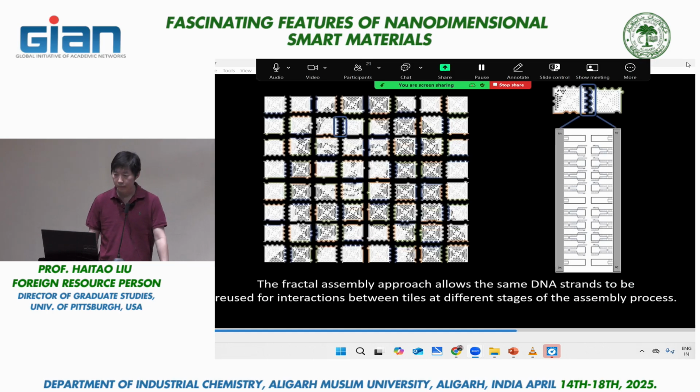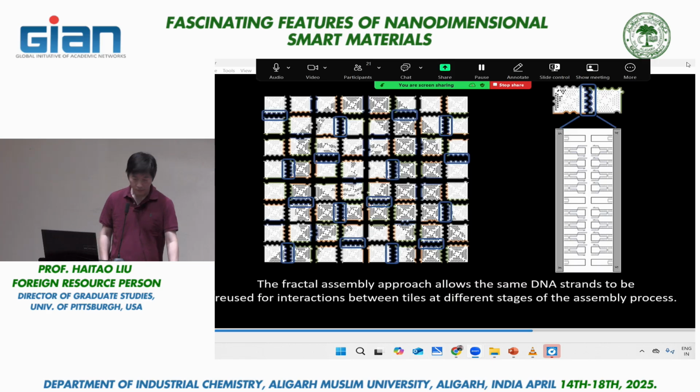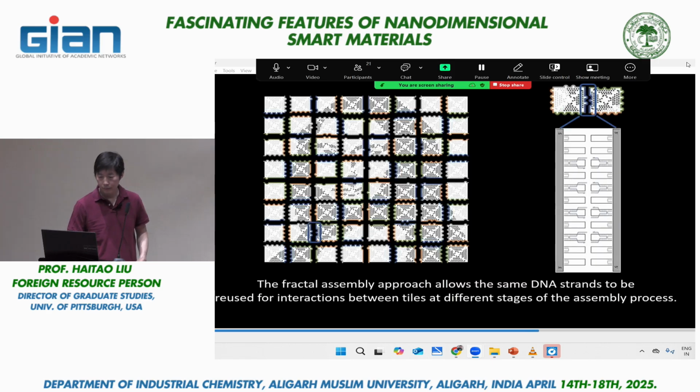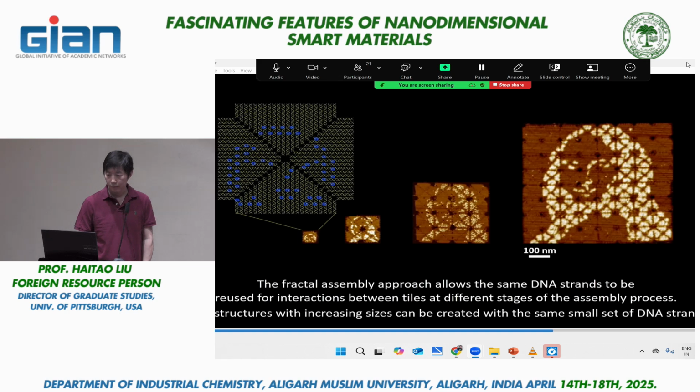The fractal assembly approach allows the same DNA strands to be reused for interactions between tiles at different stages of the assembly process. Thus, structures with increasing sizes can be created with the same small set of DNA strands.